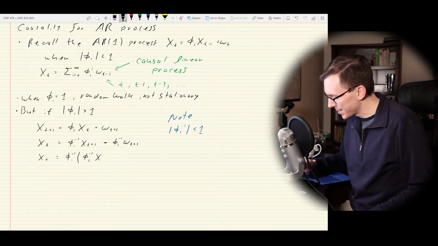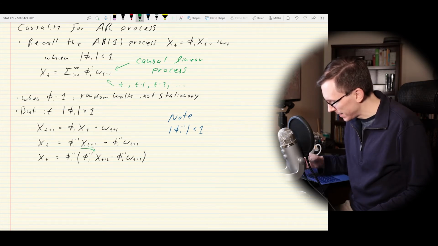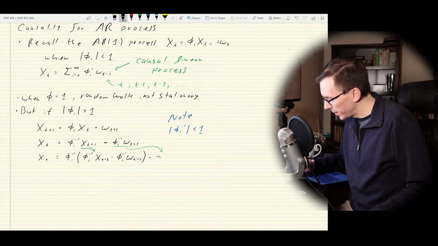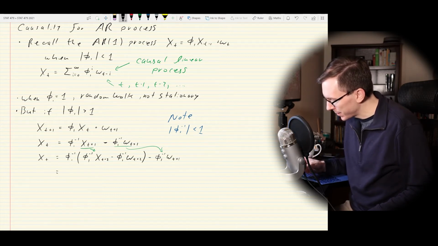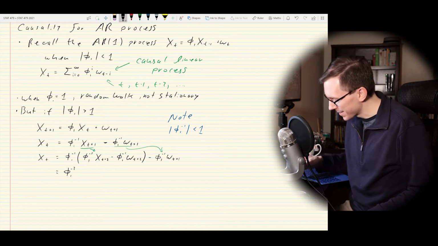So we have an x_{t+2}, and then a phi 1 to the minus 1 w_{t+2}, and then we also need this last piece here, which is just the same thing, phi 1 to the minus 1 w_{t+1}. If we rearrange the terms a little bit, we get a phi 1 to the minus 2. I should probably just write phi and drop the sub 1 because it's annoying to keep writing.